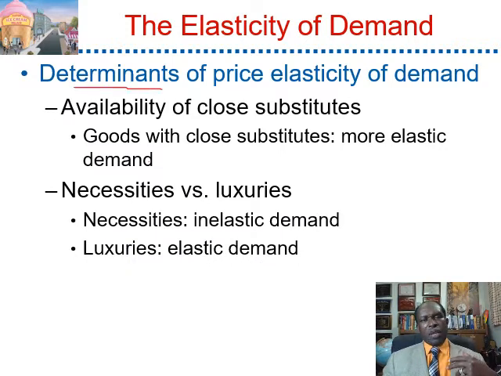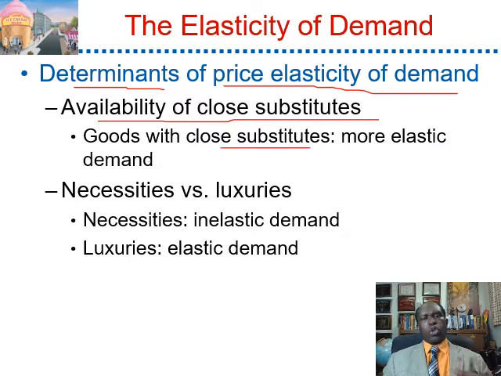The determinants of price elasticity depend on the availability of close substitutes. Goods with close substitutes tend to have a more elastic demand. For instance, laundry detergent or clothing tend to have more elastic demand. Also, necessity goods versus luxury goods. Necessity goods tend to have inelastic demand.